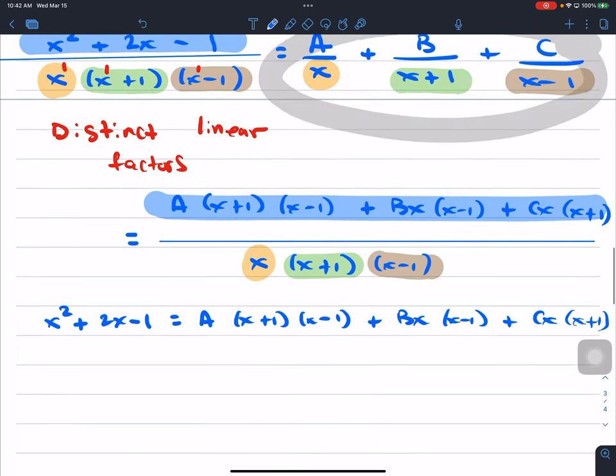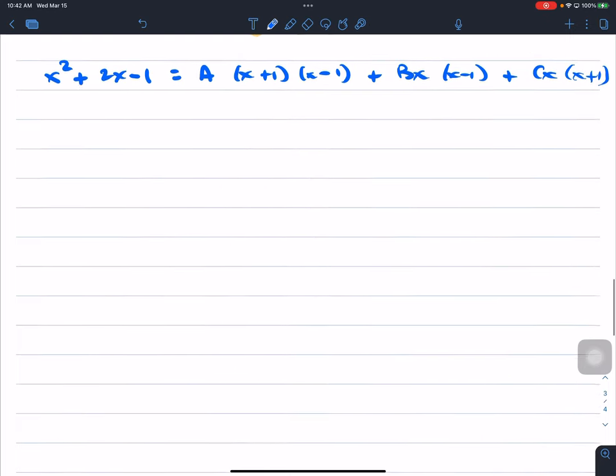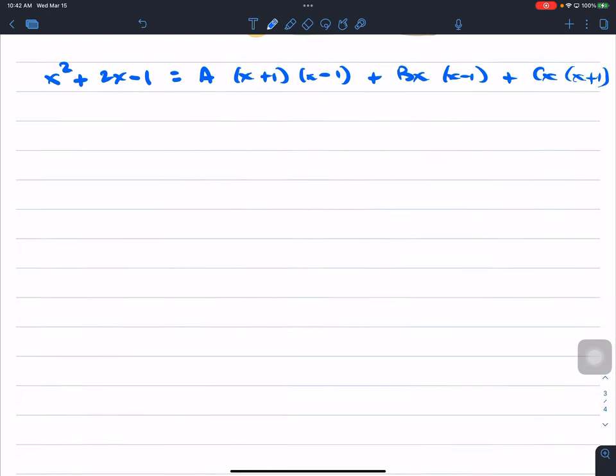Okay? You guys okay with that? Isn't that the exact same logic, but now you have 3 terms? All right. So how do we get the constants a, b, and c?